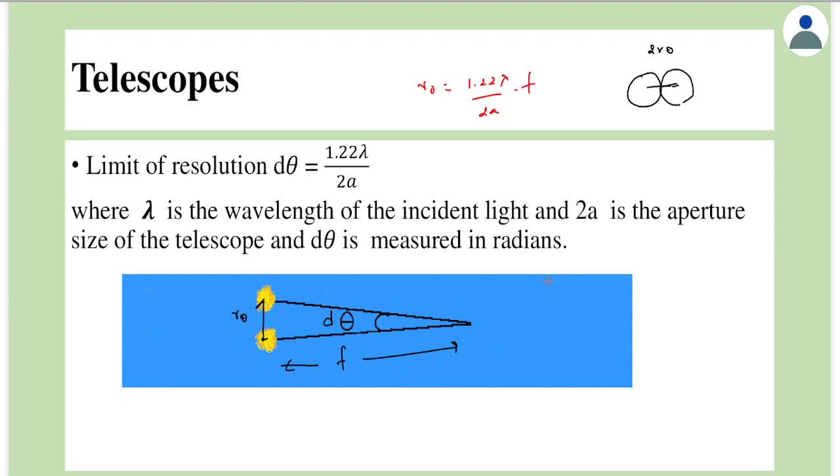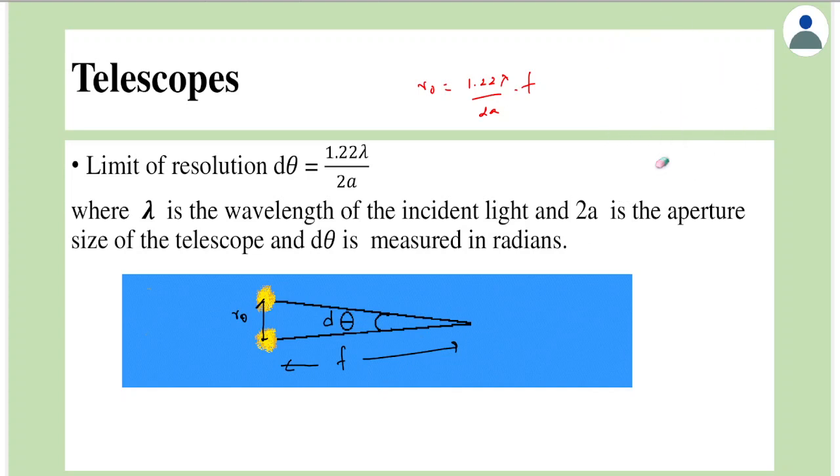This is well resolved, but rather what you want is a case where centers are something like this. So this is just resolved. Distance between this to this would be r naught. This is not resolved. This is just resolved. This is well resolved. In that case, the distance between center to center becomes r naught.